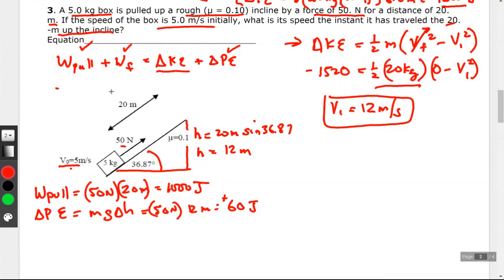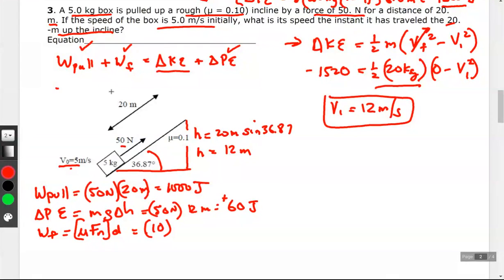So now I've got that. Work done against friction equals the mu times normal times the d. The mu is given as 0.10.